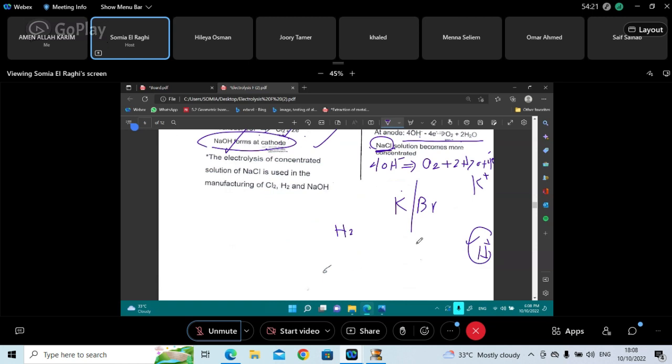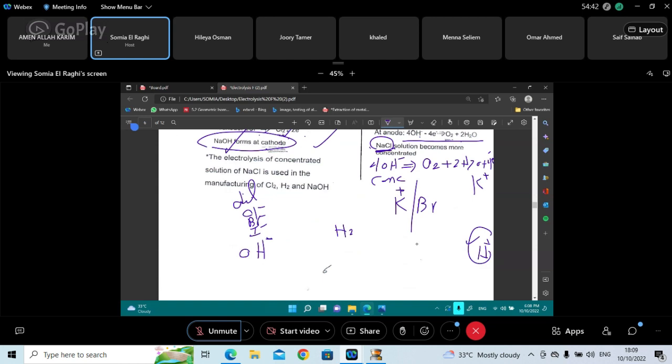Then, whenever this particle goes, I'm talking about concentrated and then dilute. For dilute, we understand there's too much water. That means this particle is always the winner. Whatever we have, chloride, bromide, iodide, it will be on the top. Alright?